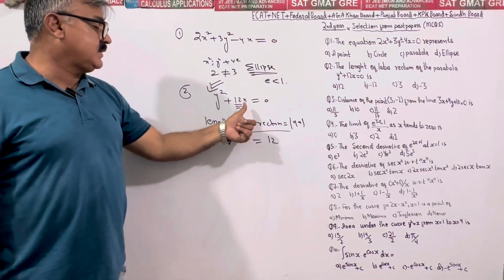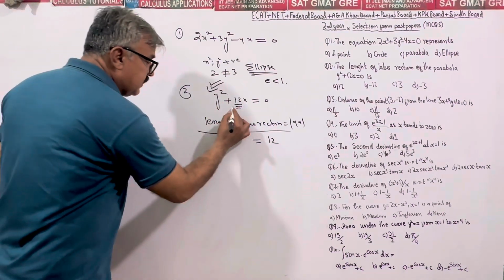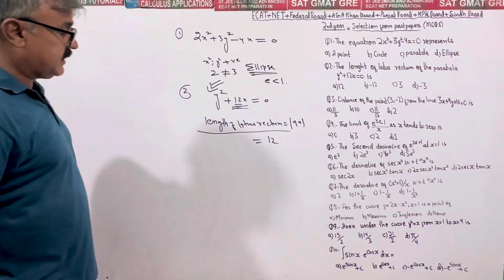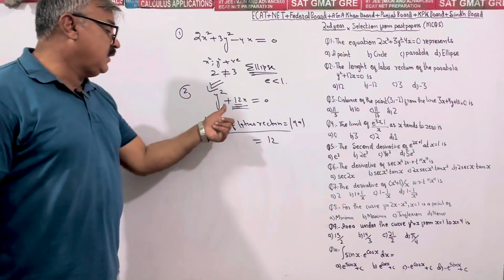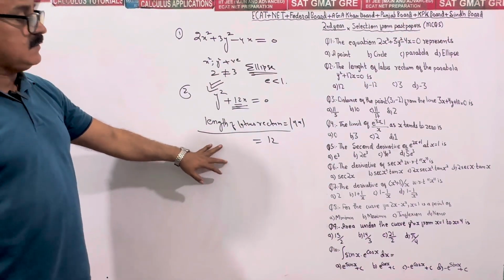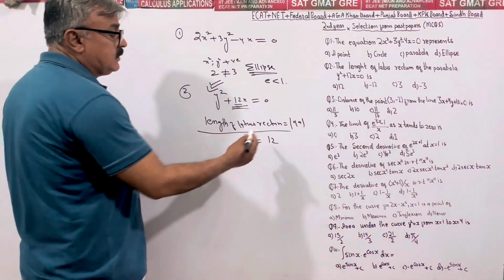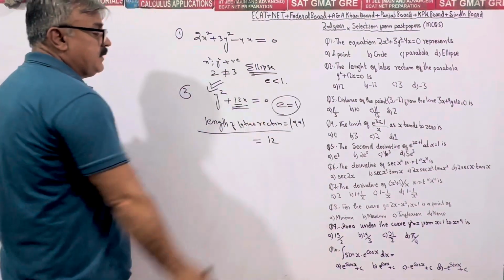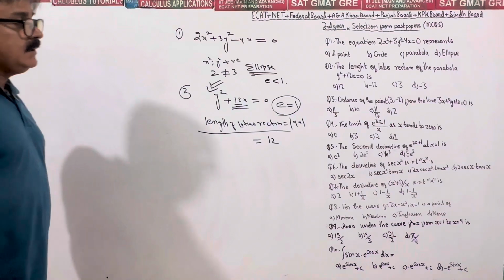If a minus is present, discard the negative symbol because length is always positive. And we also know that the eccentricity of a parabola is equal to 1.